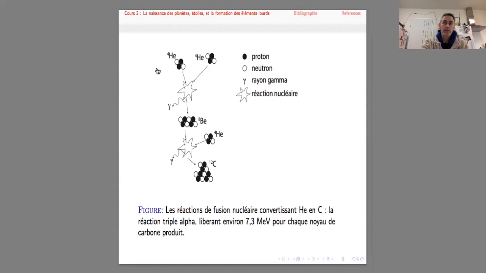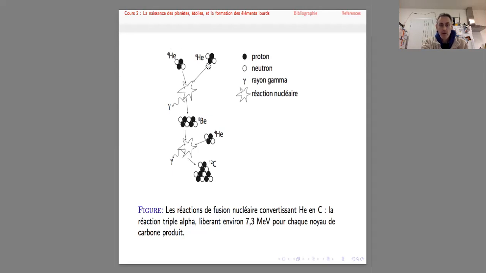These are called, for the physicists, alpha particles. Remember, my protons are the big black dots, and the open disks are the neutrons. And so they come together in a nuclear reaction, a little bang, I like to call it, and a gamma ray might be given off.